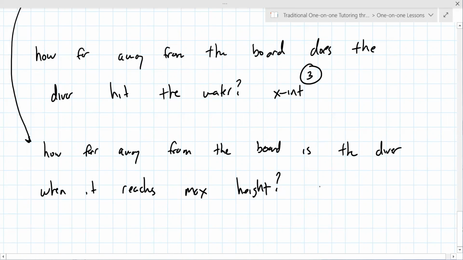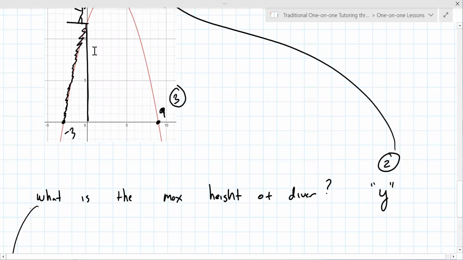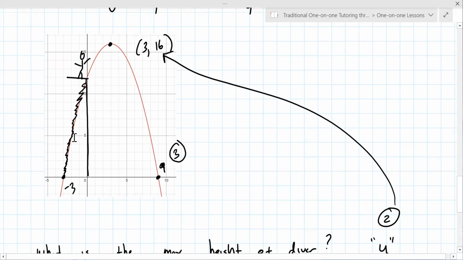So this is asking for the x value of the vertex. It's saying how far away from the board, like horizontally, basically. See how the horizontal distance is the same everywhere when it reaches the max height? Is that okay? Yeah, that makes sense.